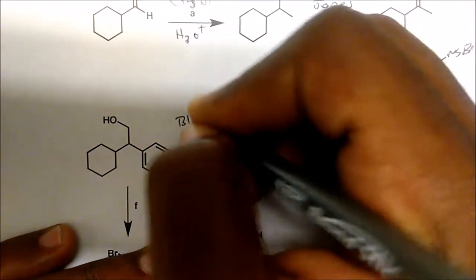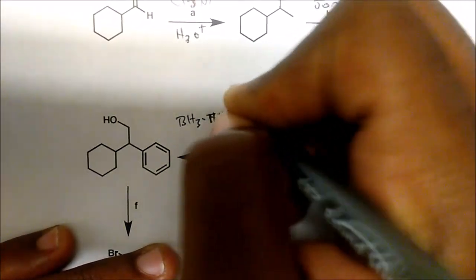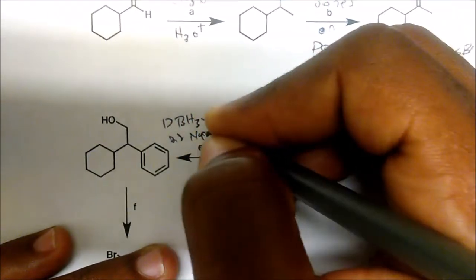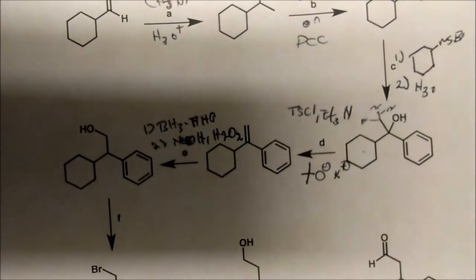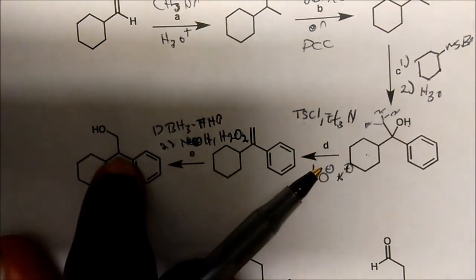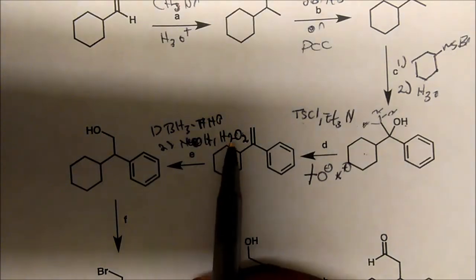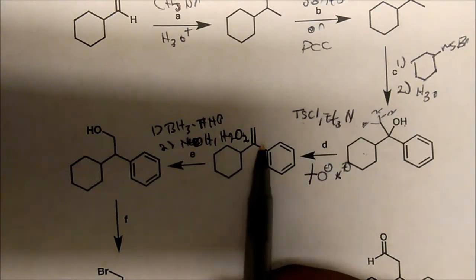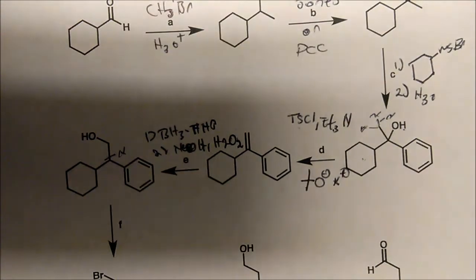This is simply hydroboration: BH3 and THF in the first step, and in the second step you're going to add sodium hydroxide and hydrogen peroxide. These reagents will give me this product that you see here. Again, my alcohol is on the less substituted part of the carbon-carbon double bond. There's my hydrogen and there's my OH, so H2O.